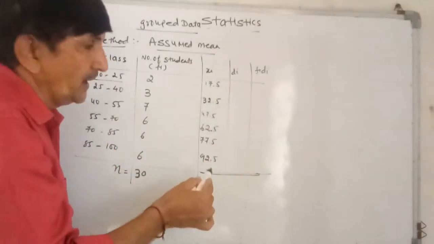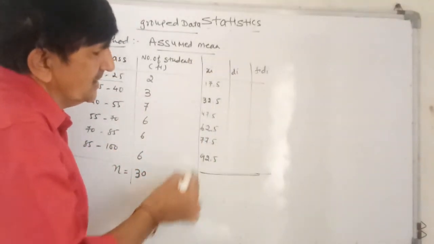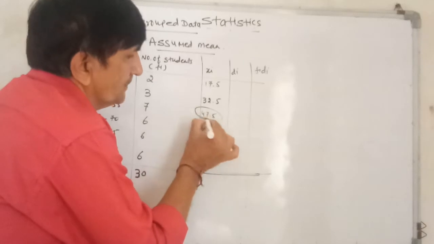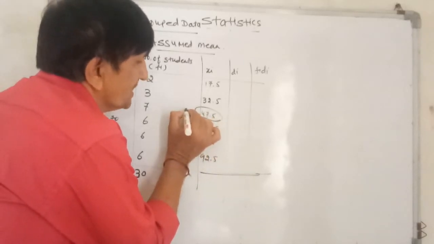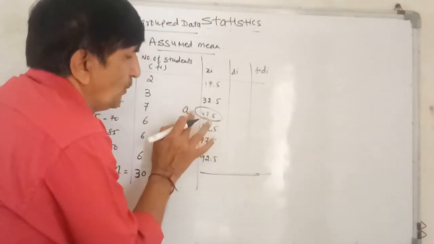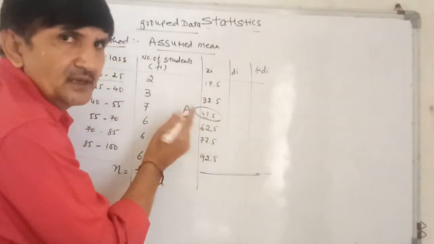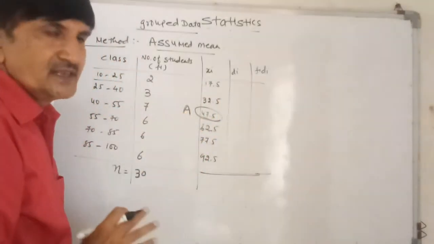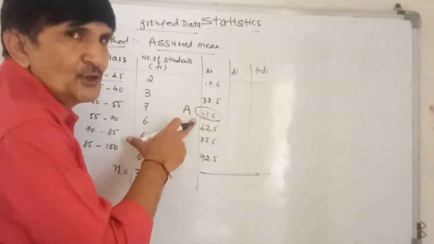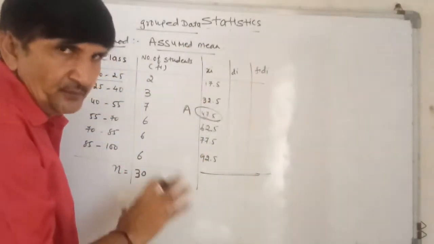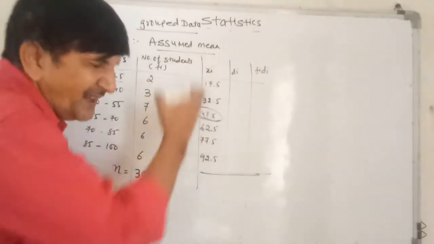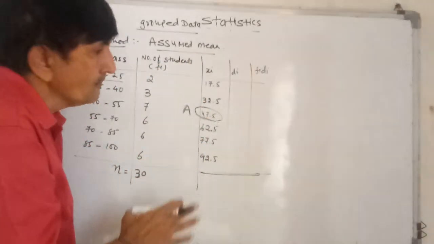Don't forget, any one number. I am selecting this one as the assumed mean. It is denoted by small a or capital A. I am putting capital A here so you can visualize easily. So this is our assumed mean. You can assume any one. Clear?